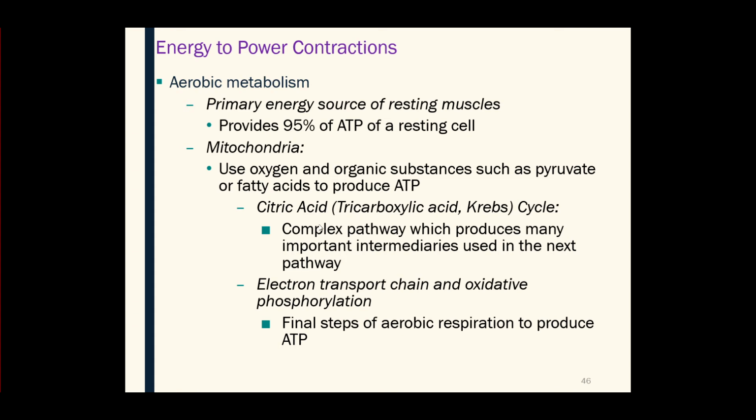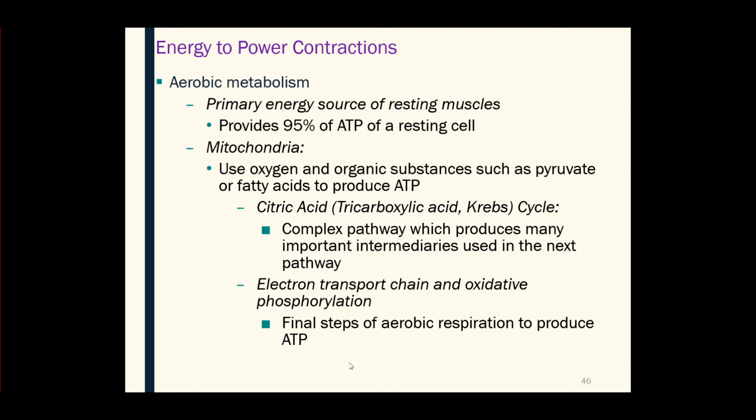So we need to have this citric acid cycle to run the next pathway, known as the electron transport chain and oxidative phosphorylation. These are the final steps of aerobic respiration where we walk away with a bunch of ATP, a lot more than we saw in anaerobic respiration. So what do we need to know on this slide?